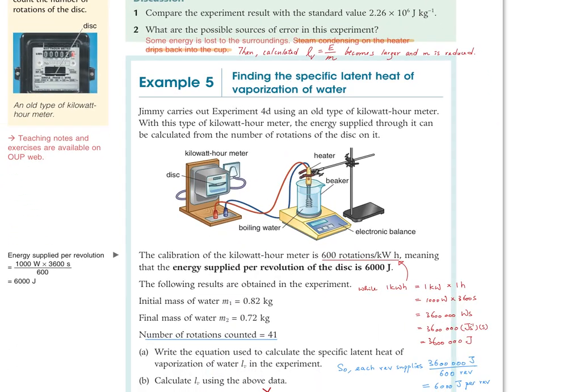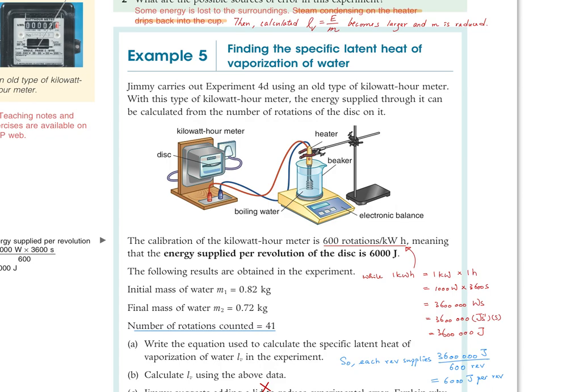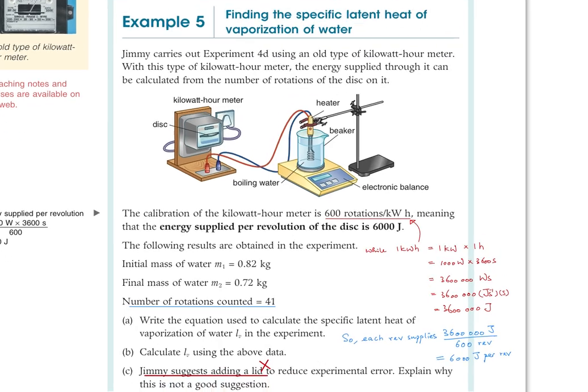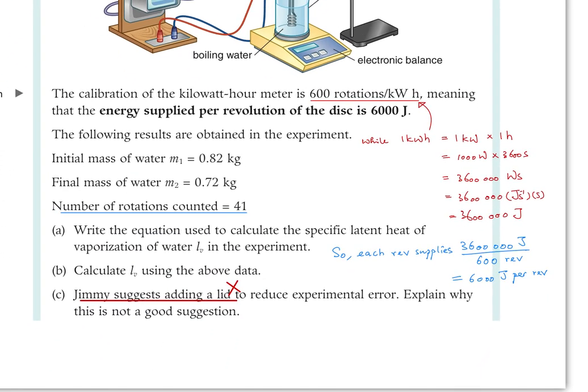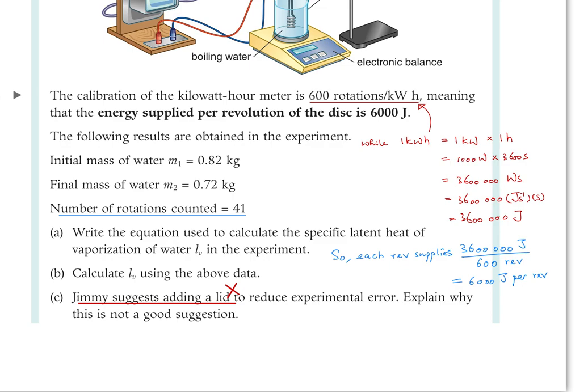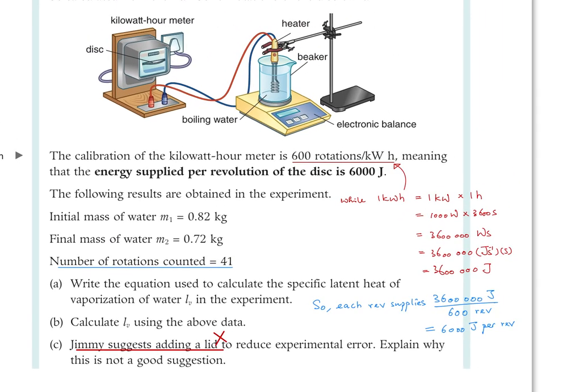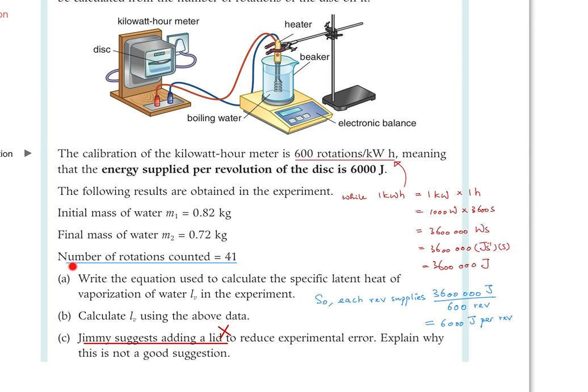Now, take a look at example 5, and it talks about an old type of kilowatt hour meter in which you have to count the number of revolutions. It says that there would be 600 revolutions for each kilowatt hour of energy consumed.